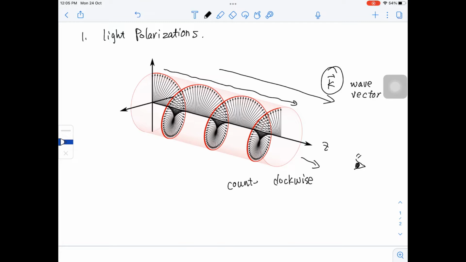because this is the first, second, third, fourth, fifth. This is the polarization vector that you receive, and you can see it is actually rotating counterclockwise, and therefore we define the counterclockwise as right hand polarized.